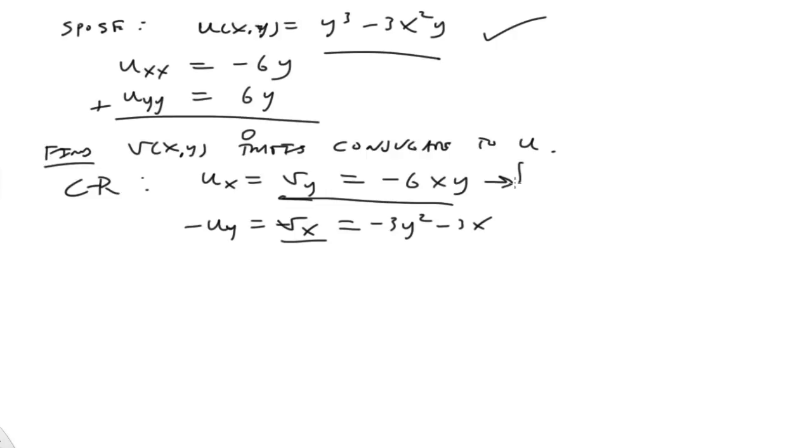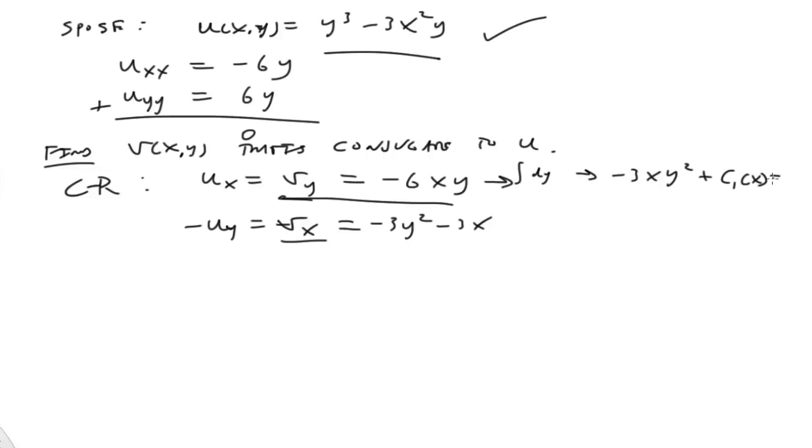So now I'm going to anti-differentiate with respect to y here, and that's clearly going to be negative 3xy squared. And then because I've done an anti-differentiation with respect to y, I get a plus c1 function of x.